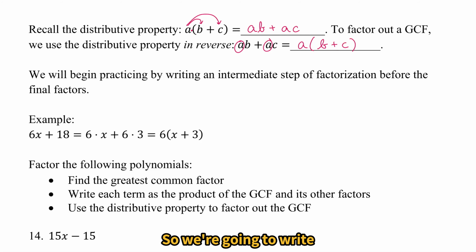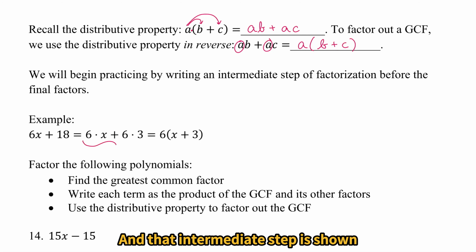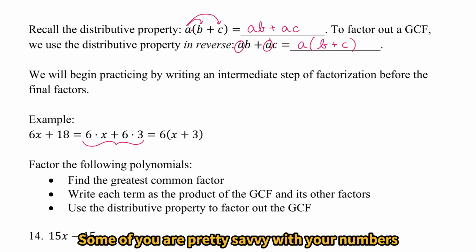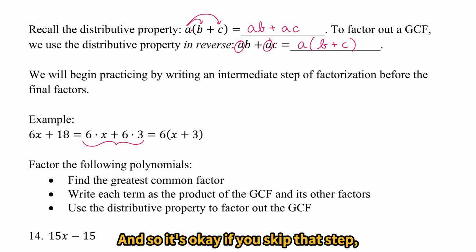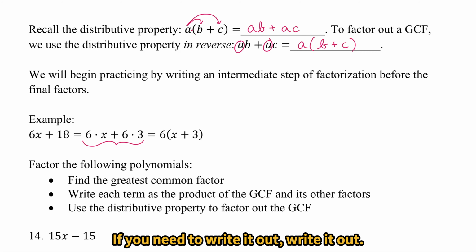So we're going to write an intermediate step in the factorization, and that intermediate step is shown in the example in the middle. Some of you are pretty savvy with your numbers and have a pretty good grasp of them, so it's okay if you skip that step as long as you are confident with using the distributive property in reverse. If you need to write it out, write it out.